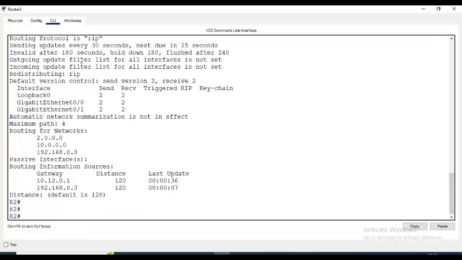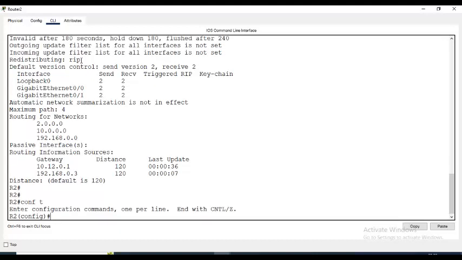Now, let me show you the second way. See, if you have many routing protocols, instead of removing one by one, in order to remove all the protocols in just one command, this is the command you need to type. Are you ready? No IP routing.